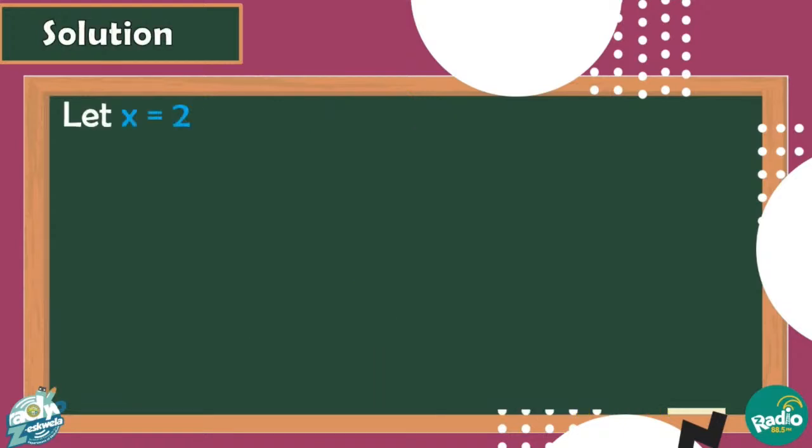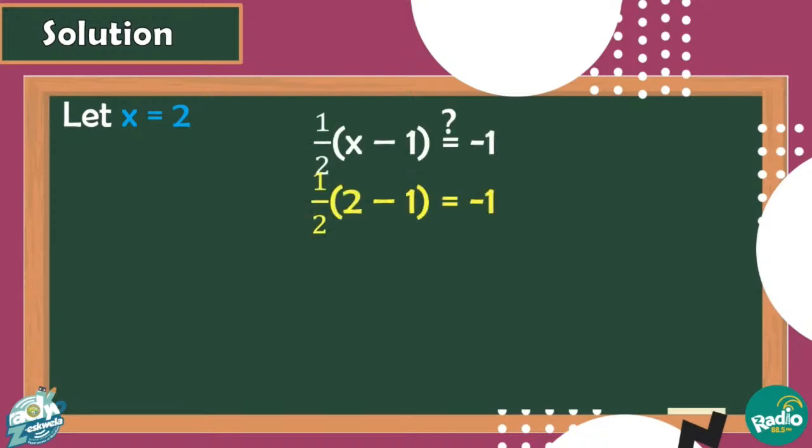How about when x is equal to 2? Let's evaluate our given equation. Substitute the value of x, which is 2. The equation becomes 1/2 times the quantity 2 minus 1 is equal to negative 1. By simplifying, we got 1/2 times 1 is equal to negative 1.